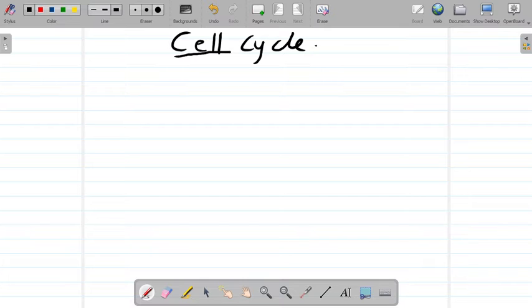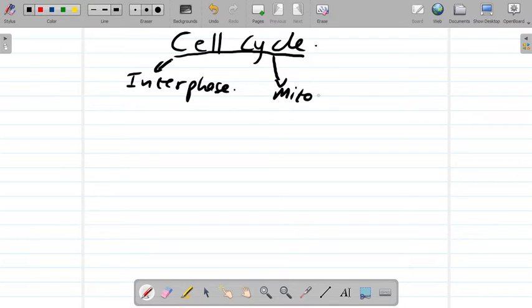The cell cycle. Basically how your cells replicate and make new cells in the body, similar to your skin cells, right? Now the whole cell cycle, as we know it, is divided into three parts, which is your interphase, which is the phase that the cell spends most of its time in, and then the mitotic phase, which is called mitosis, and then your cytokinesis.